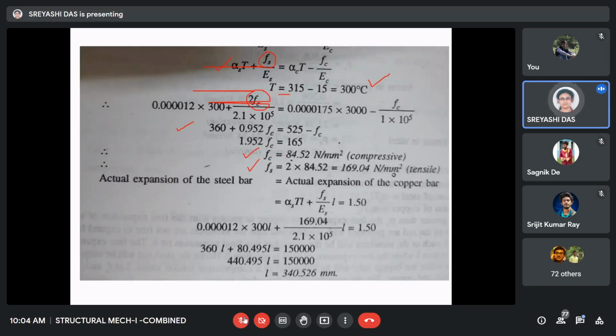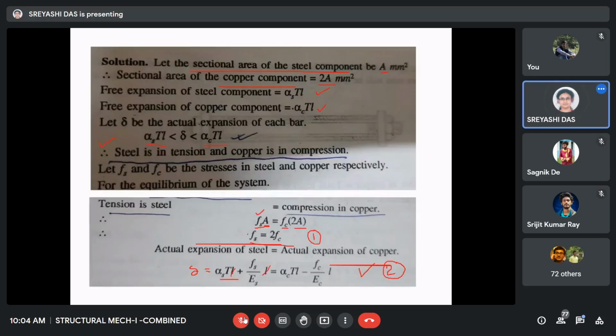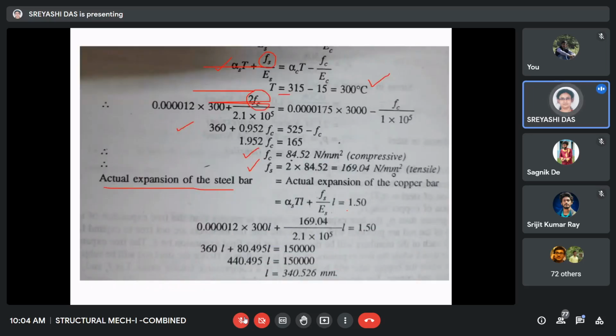So this is the stress produced in copper, and this is the stress produced in steel. For the actual expansion of the steel bar, we know that delta is equal to alpha STL plus Fs by Es into L. From this equation we can find small l, the length of the bar, 340.526 millimeter.